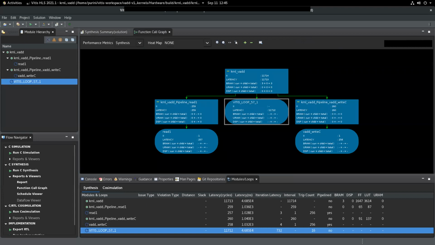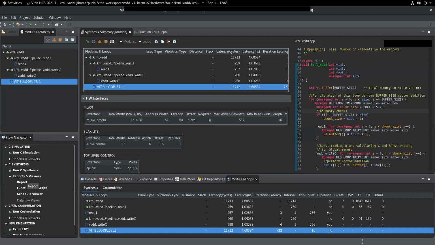Sir, I think if you check line number 62, the variable chunk size is getting updated. The loop on line 64 is supposed to run for chunk size number of times. Depending on the iteration, if it goes into that condition, the loop would run for fewer iterations than expected. The variable chunk size can change from buffer size to size minus 1, and size minus 1 is again an input to the kernel.